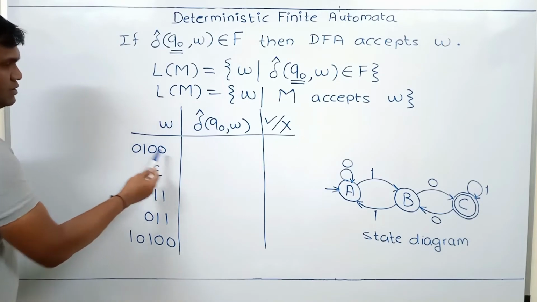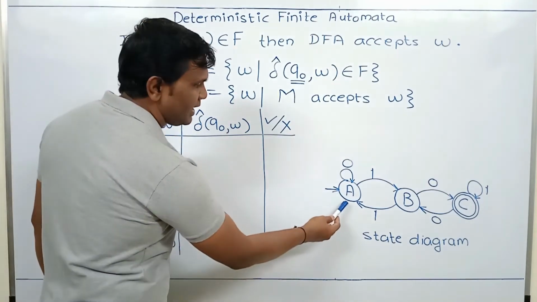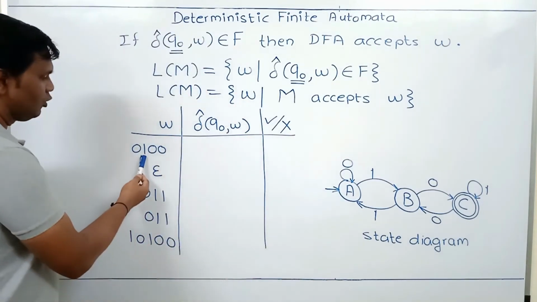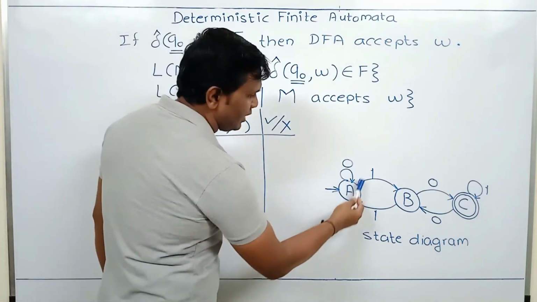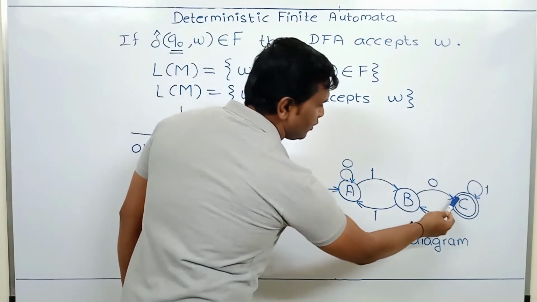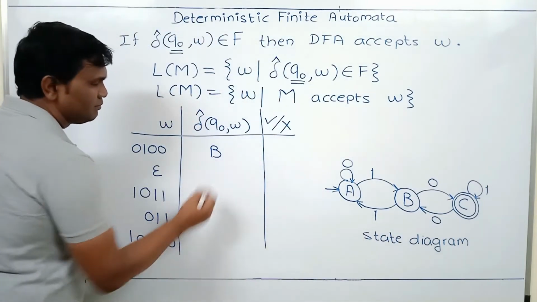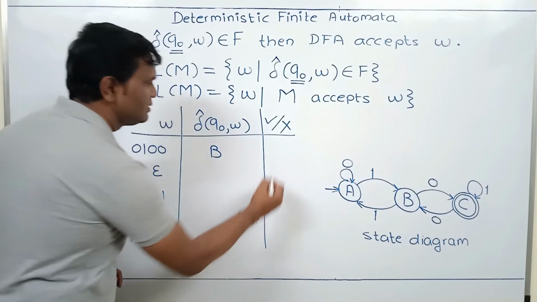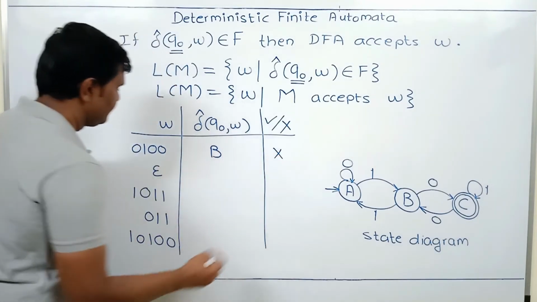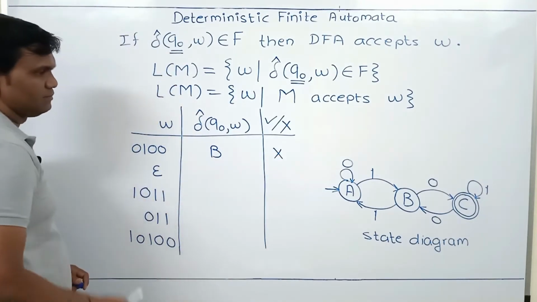So 0100. Initial state is A, string is 0100. So on 0100, you reach B. B is not a final state, this string is rejected. Then epsilon.